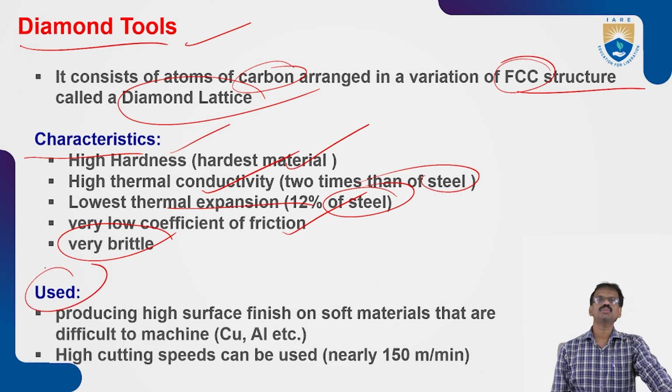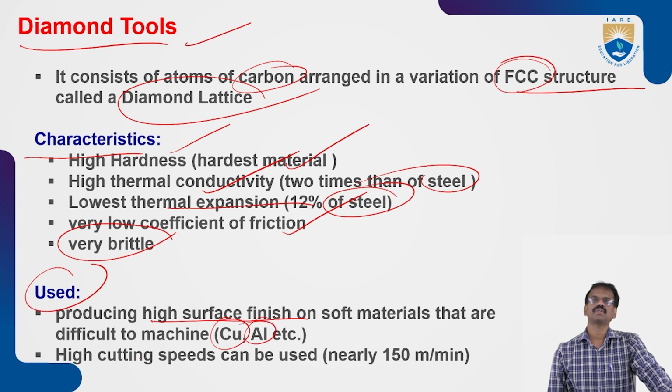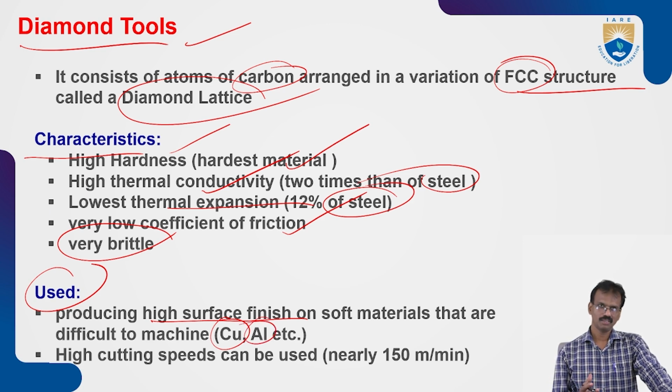Okay. Next one, uses. The main use of this one is producing high surface finish on soft materials that are very difficult to machine, like copper, very soft non-ferrous material. Aluminum is a very soft non-ferrous material. We cannot perform machining on these materials by high-speed steel, meaning low carbon steel tool bits.